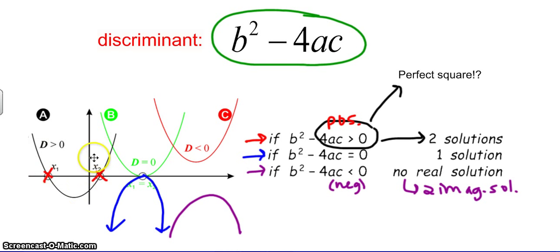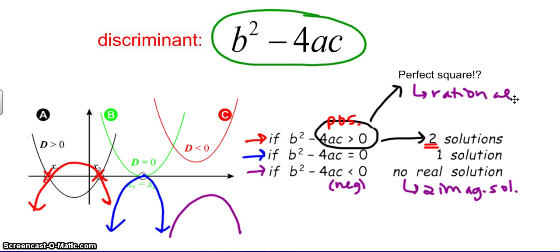It could be twice opening up, it could have been twice opening down, but it is going to intersect twice. If this number comes out as a perfect square, that just means that your answers are rational, which means you probably could have gotten away with factoring to find those values, and you didn't need the quadratic formula to help you find the irrational ones.